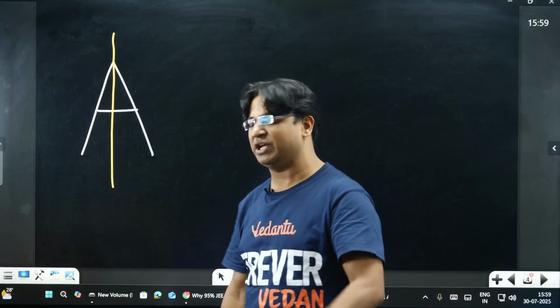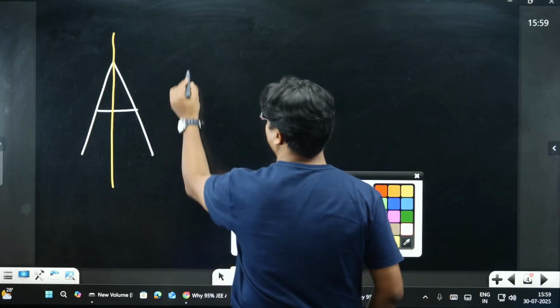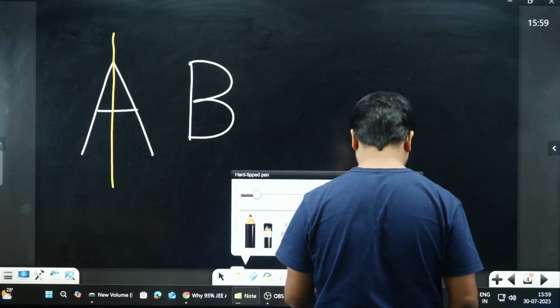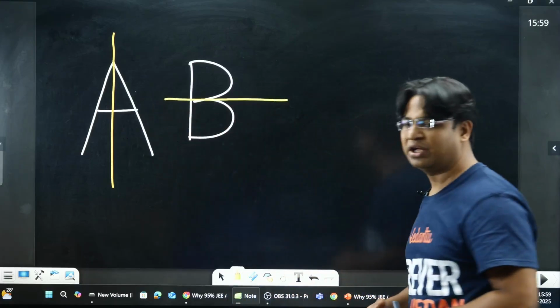So the center of mass needs to lie on this. Similarly we can talk about other objects. If you need some more examples, alphabet B will also have an element of symmetry, so the center of mass of alphabet B needs to lie on this line.